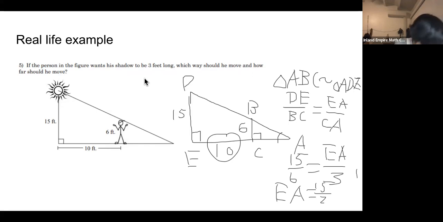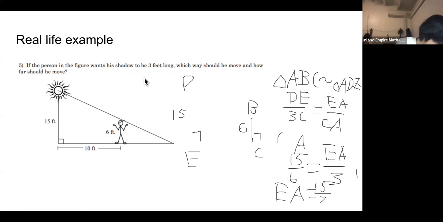Because the fractions cancel out, right? So in essence, what this means is that we get that EA equals 15 over 2. Now that we know that EA is 15 over 2, we need to figure out how far he needs to move.